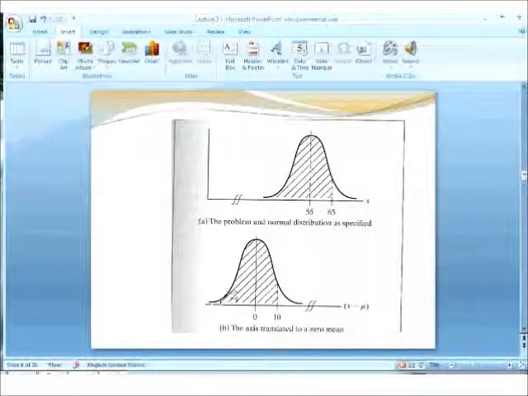Now one more thing, this curve has a mean 0 and the area under this curve is always 1. So the total area of the curve is always 1.